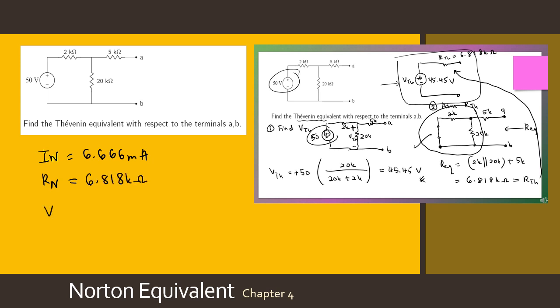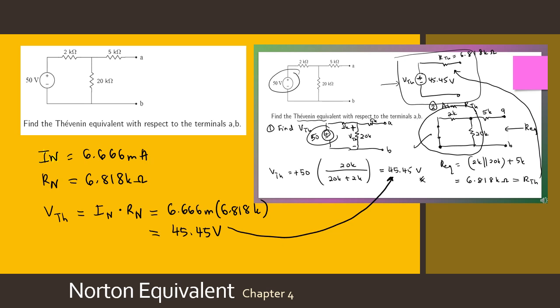If we use the Thevenin or Ohm's law, we will have I Norton times R Norton, which is equal to 6.666 milli times 6.818 kilo here, and this is basically equal to 45.45 volt, which is the same as what we had in the previous video, right? So you can actually verify your answer using Ohm's law.